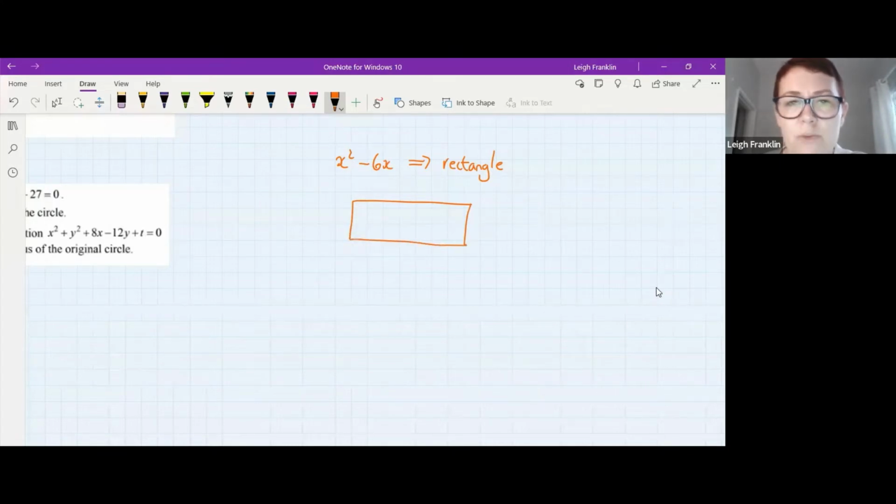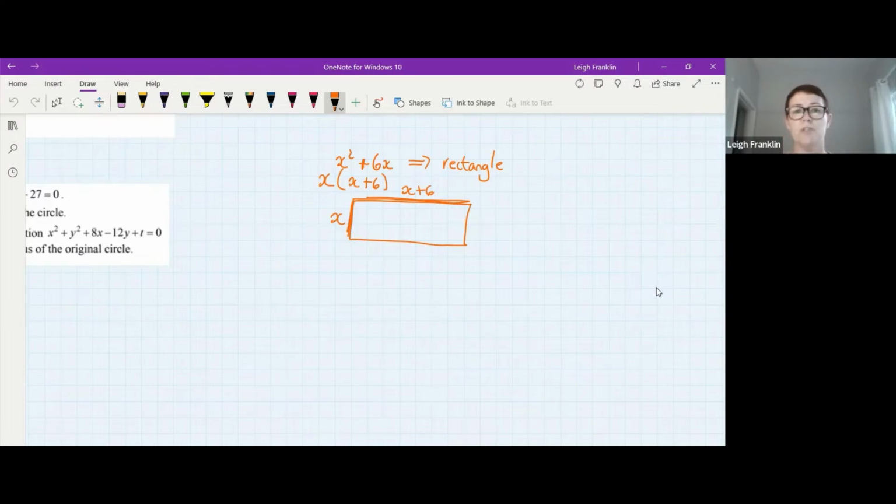And the reason that it's a rectangle is because if I factorize it and take out the x, actually, you know what? A plus is a better one to use when we're working with distance. So let's take out the x, and inside brackets here, I'd have x plus 6, right? So if this side over here is x, this longer side up at the top is x plus 6. Does that make sense? Okay, and that gives me a rectangle.